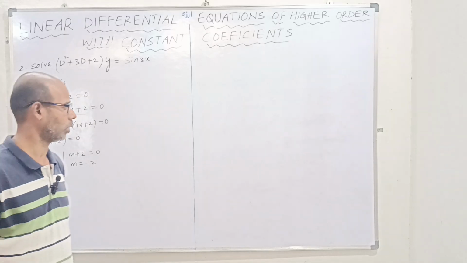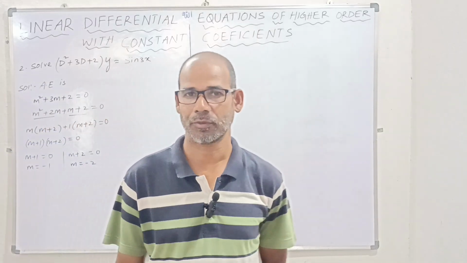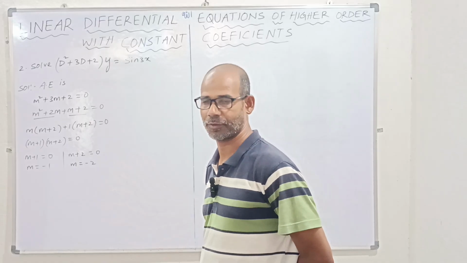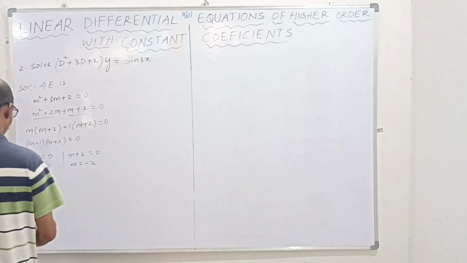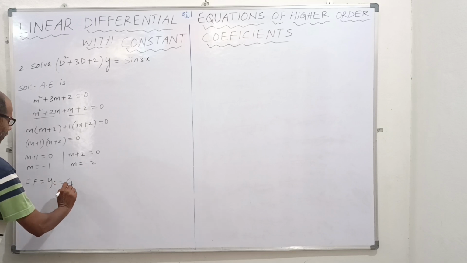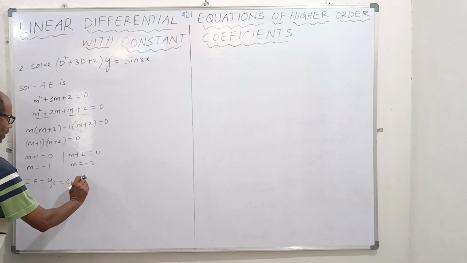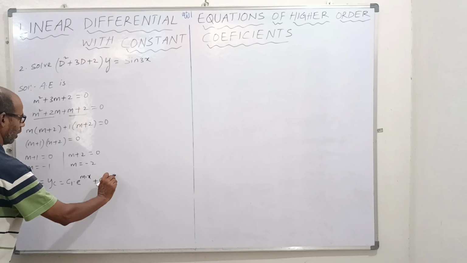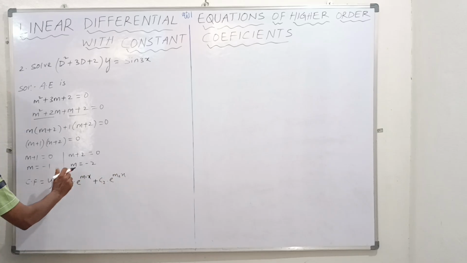So what is the nature of the root? So nature of the roots are real and different. So therefore complementary function CF is equals to yc is equals to c1 into e power m1x plus c2 into e power m2x. So this is m1, this is m2.